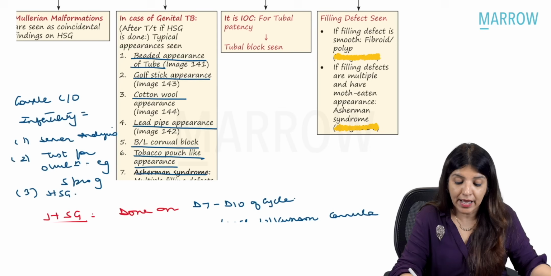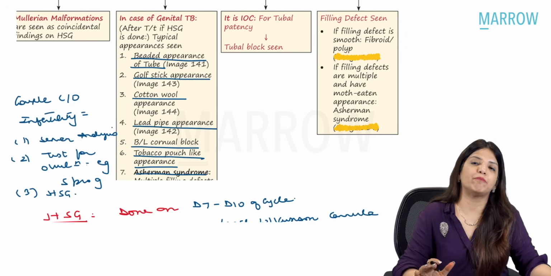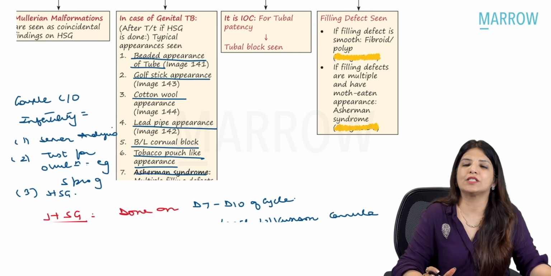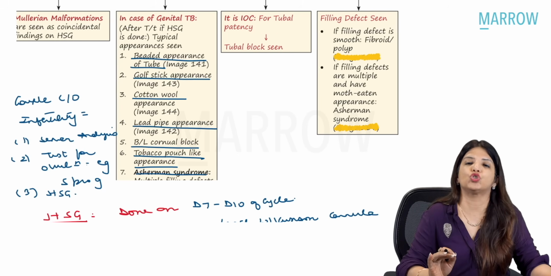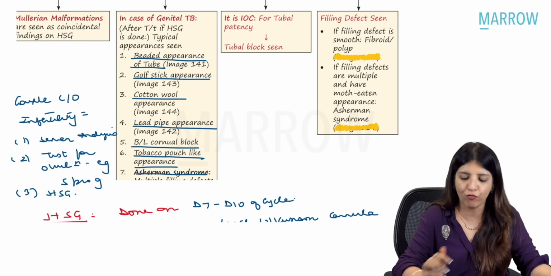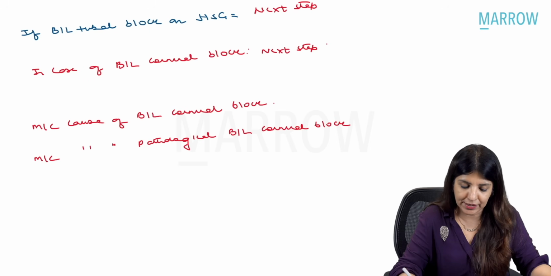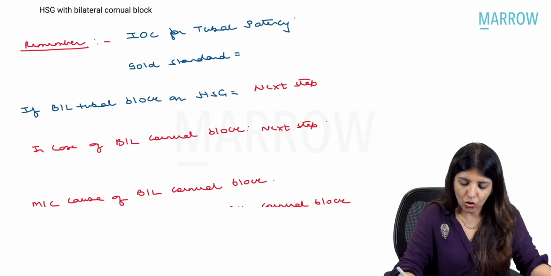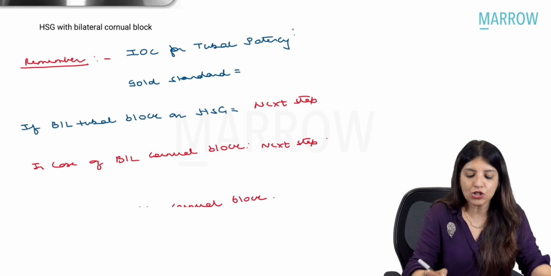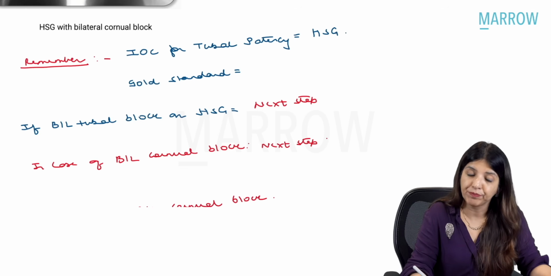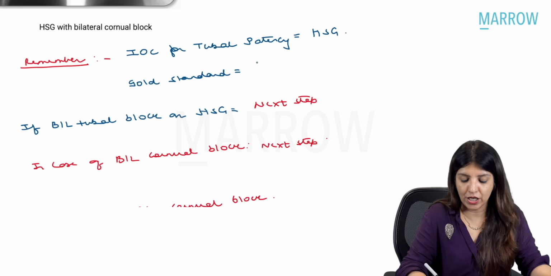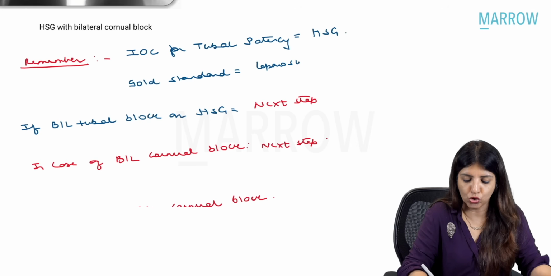The other important thing about HSG is that HSG is the investigation of choice for tubal patency, and you can diagnose tubal blocks with the help of HSG. Please understand that the investigation of choice for tubal patency is HSG, but the gold standard investigation is laparoscopic chromoperturbation.